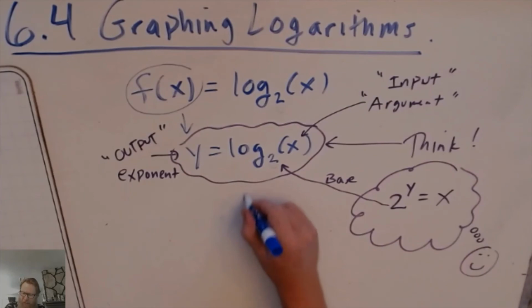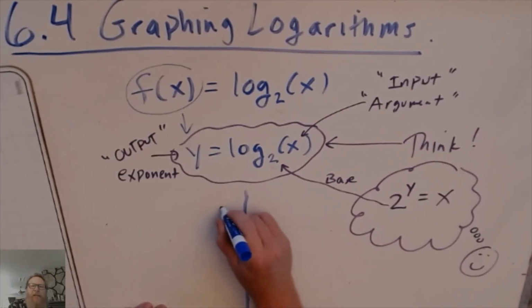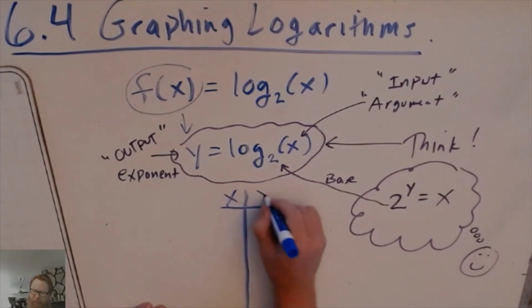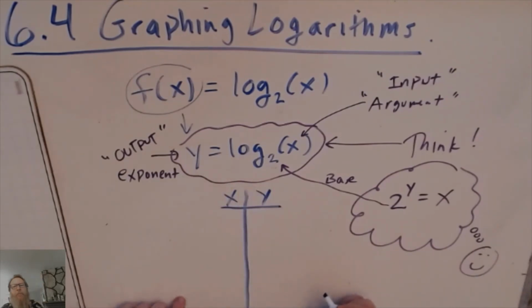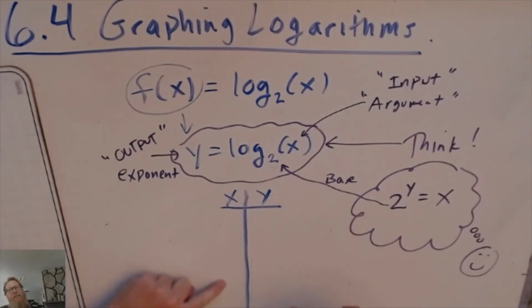Let's just go ahead and start off with a good old-fashioned mother function table, x and y. Now we have to be careful here. In previous examples, I chose my x's to be -2, -1, 0, 1, and 2.